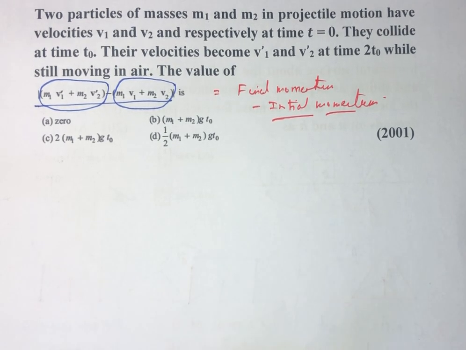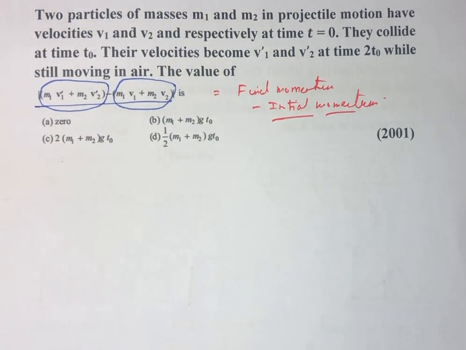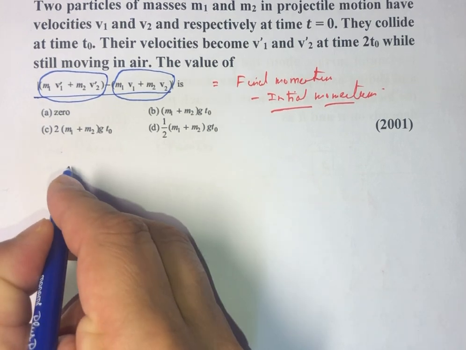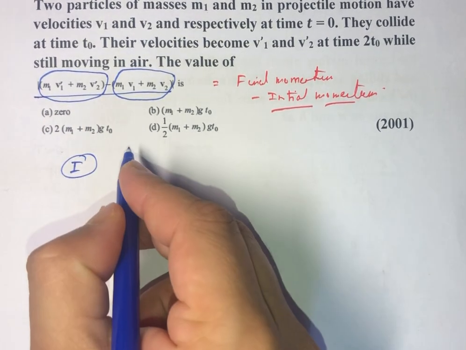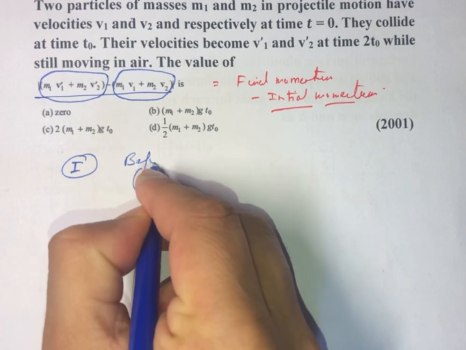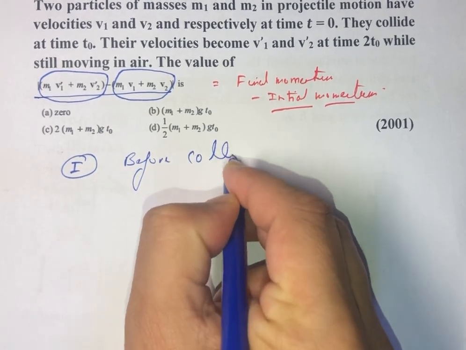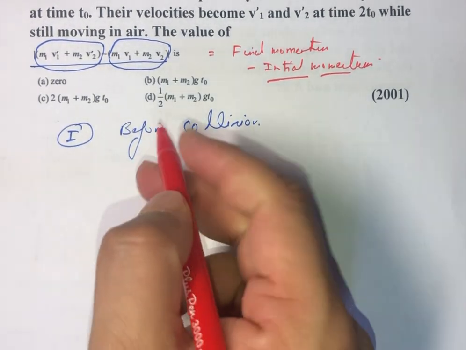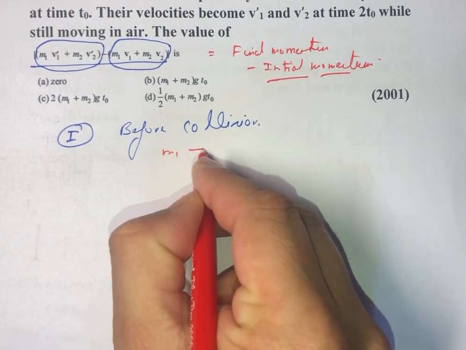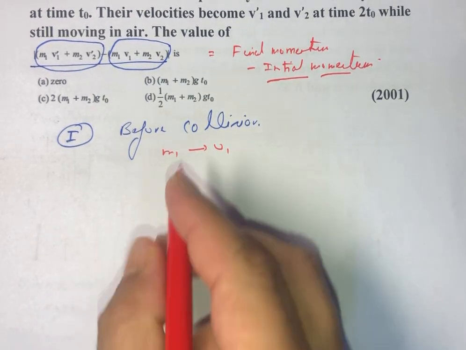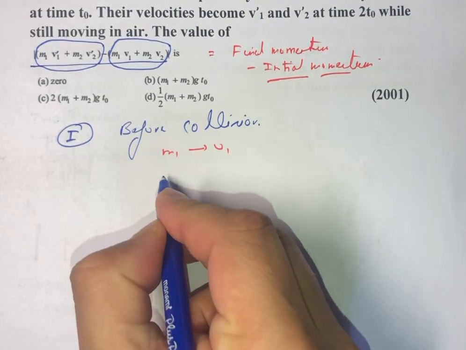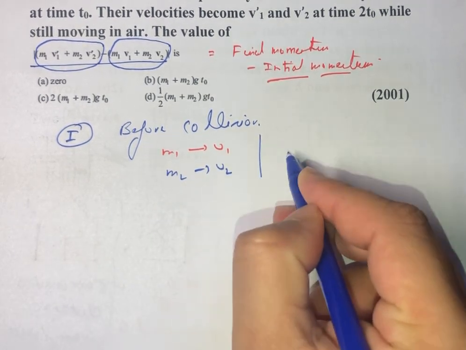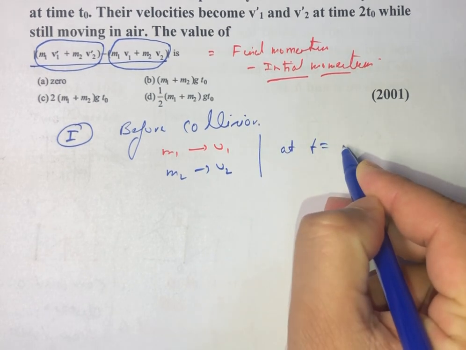So here we can divide it into two parts. Rather, we can say in first part, that is before collision, m1 is having a velocity of v1, m2 is having a velocity of v2, and this is at time t is equal to 0.